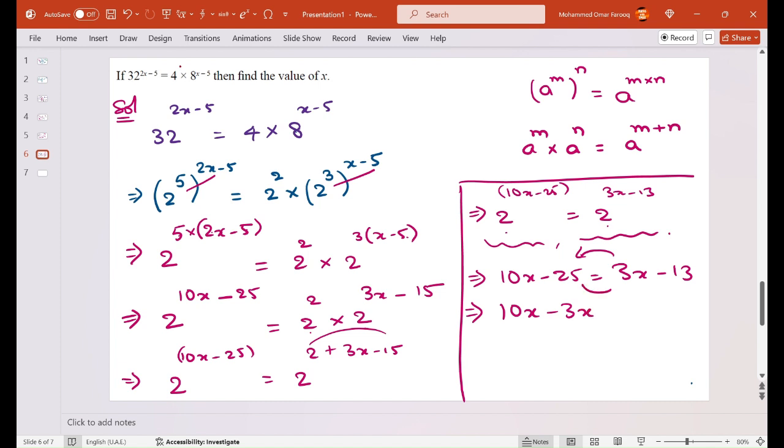Now minus 25 you transpose. It will become plus 25. Already you have minus 13. So 10x minus 3x, 7x is equal to 25 minus 13. I think it is 12. So implies x is equal to 12 by 7. Understood, my dear students? So please do it carefully.